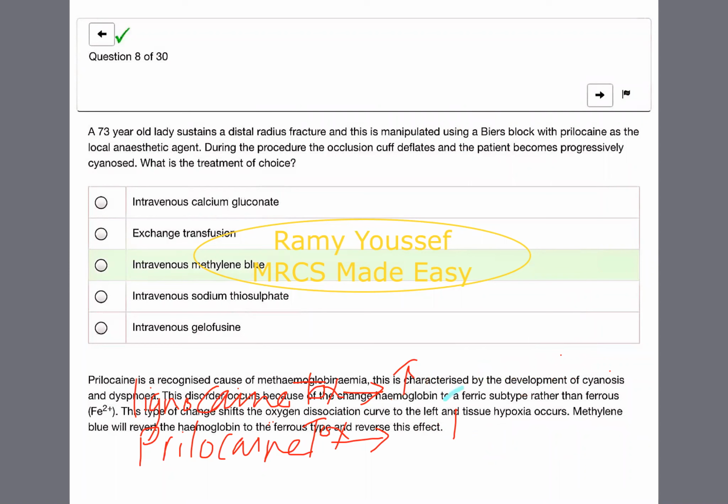They will ask you about the dose. You don't have many questions about anesthesia, but you will have about 5-6 questions about anesthesia. So he likes to ask about the antidote, which is methylene blue and Intralipid, and he likes Bier's block so much.